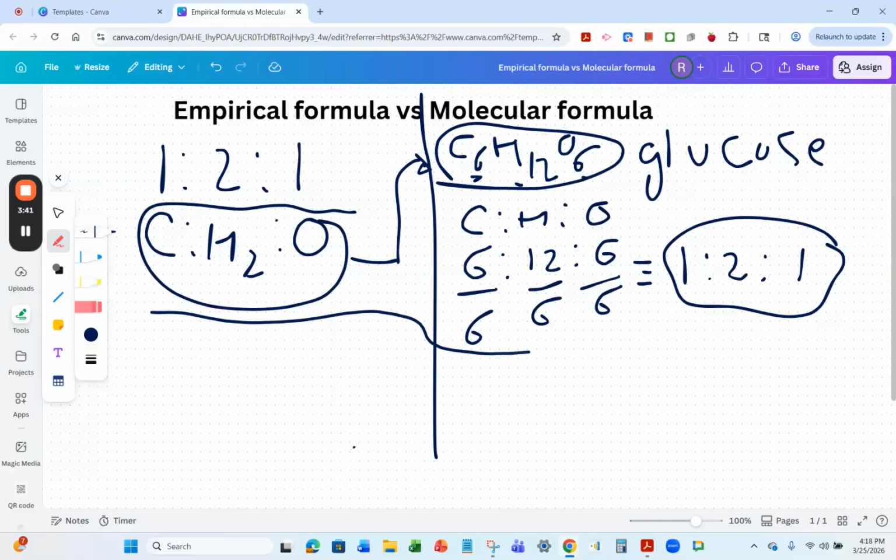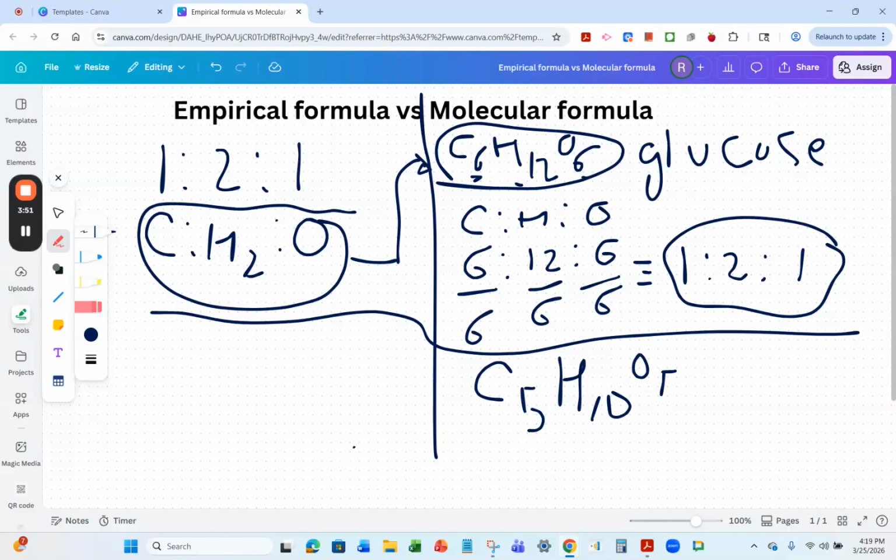Let's take one more example. Let's say you have C5H10O5. So here your atomic ratio is 5, 10, 5. Can we simplify this ratio further? Yes.